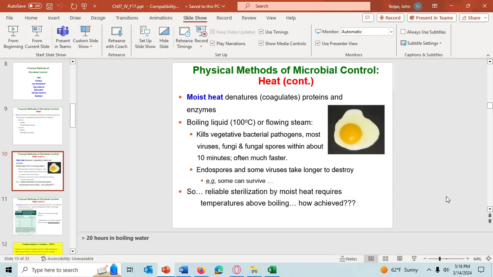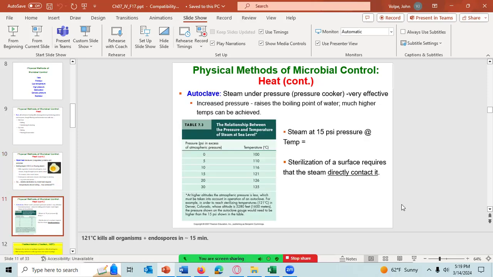So for reliable sterilization by moist heat, what do we do? We put the agent in an autoclave. That's how we sterilize things in the microbiology lab. An autoclave is putting steam under pressure, much like a pressure cooker. It's very effective, killing even endospores.